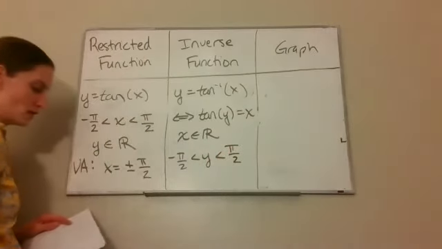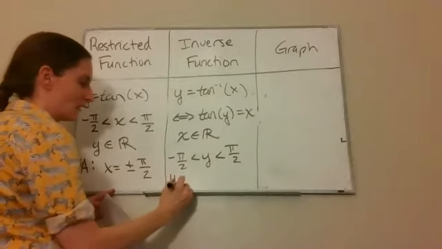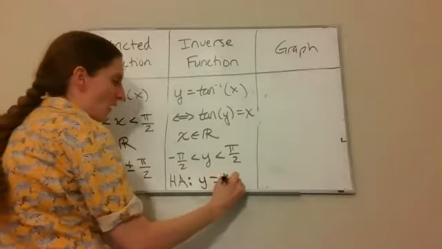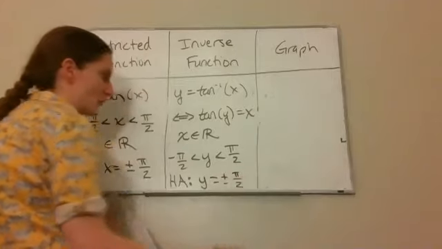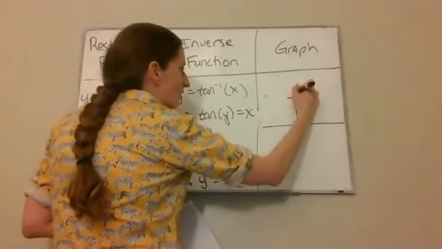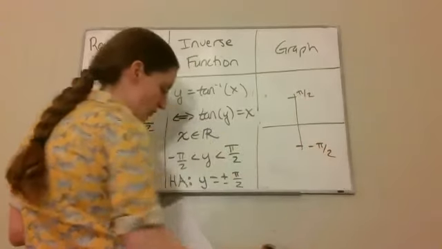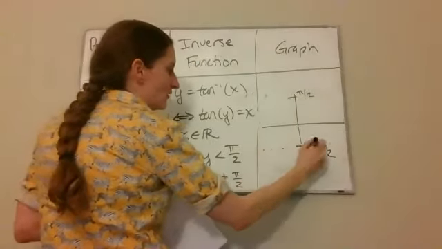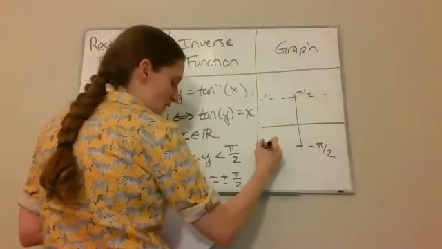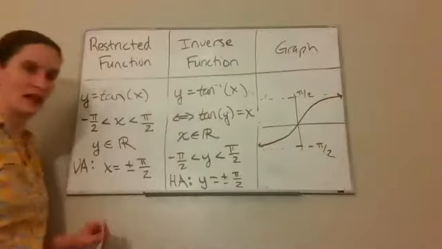So the domain and range flip again. Instead of having vertical asymptotes, I'm going to have horizontal asymptotes at y equals plus or minus pi over 2. So if this is pi over 2, and this is negative pi over 2, your inverse tangent function has horizontal asymptotes there, and it looks something like that.